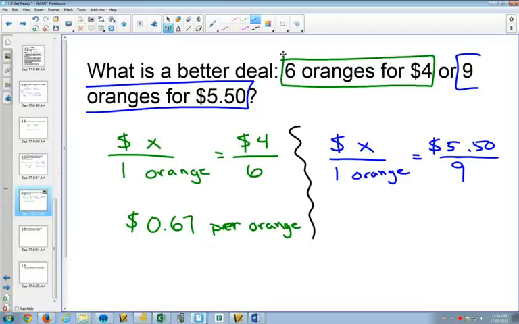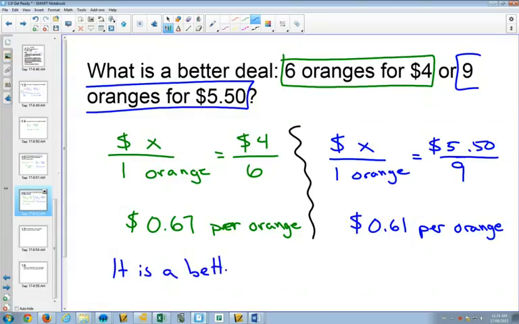And so if I go to my calculator and I go 5.50 divided by 9, I get 0.61 per orange. So which is a better deal? It's a better deal to buy 9 oranges.